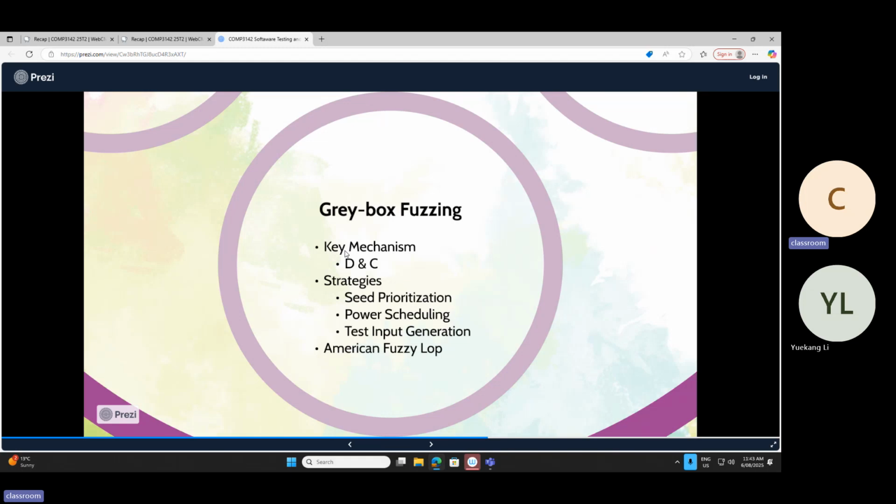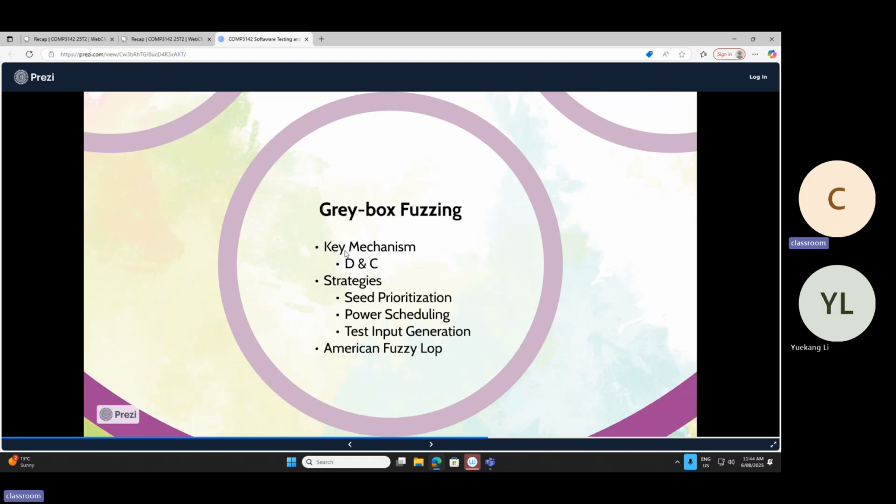But unlike white box testing, which requires us to know everything inside the program, we only collect partial information from the execution. We only collect something like the edge coverage or some other interesting information which could be determined by us. So we don't collect all the runtime information, and this means that we can make the technique scalable for large programs.